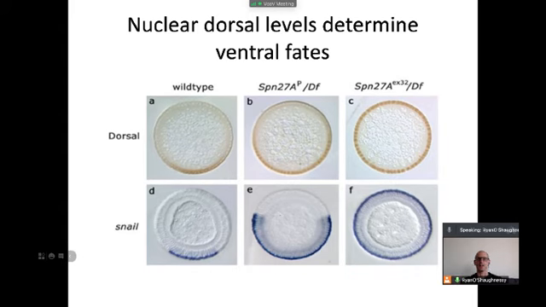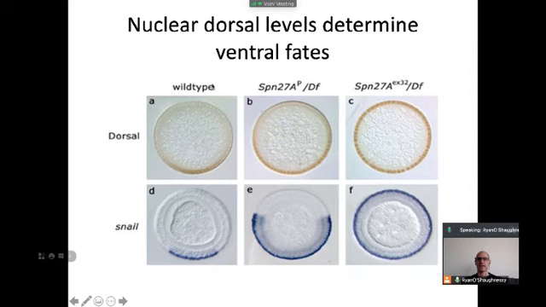And nuclear dorsal levels can determine the degree of ventral fate. So here we have a wild type and two mutant embryos that can express dorsal over larger areas of the blastoderm. In our wild type, snail is like twist, it specifies the area that's going to gastrulate.